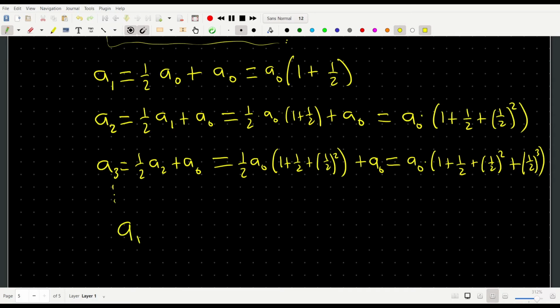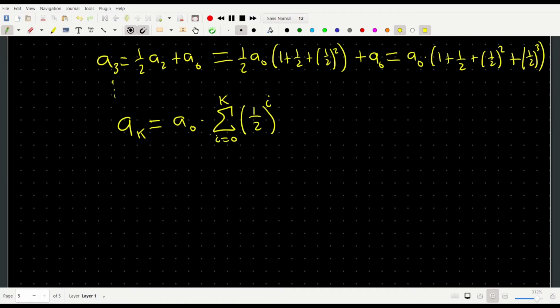The explicit form of the sequence from the concentration example is the same thing as a_0 times the summation for i from 0 to k of 1/2 to the power i, or the summation from i equals 0 to k of a_0 times 1/2 to the power i, which you should recognize is exactly a finite geometric series.